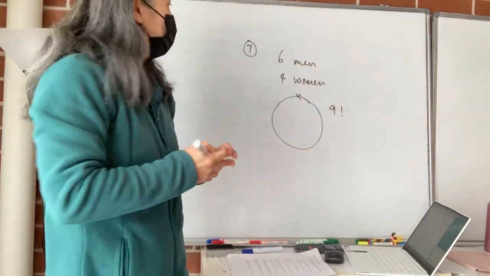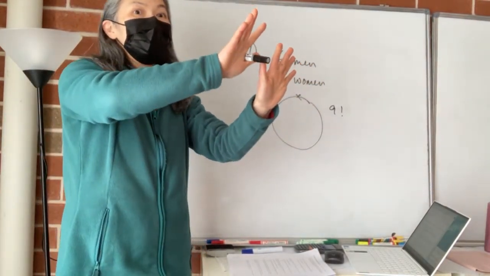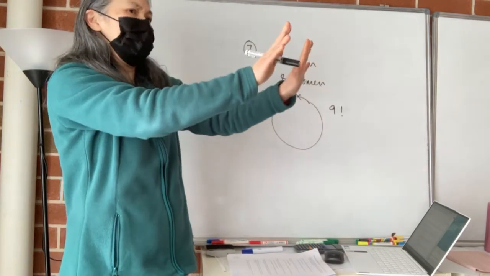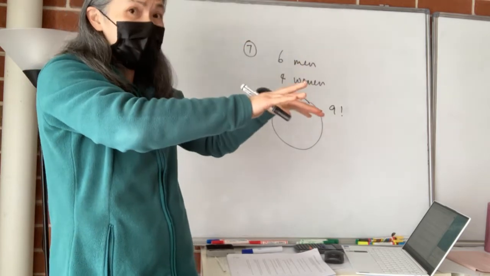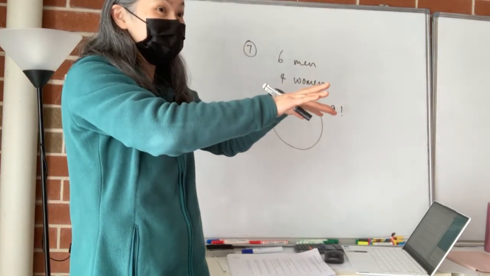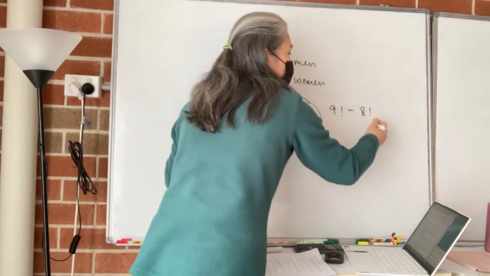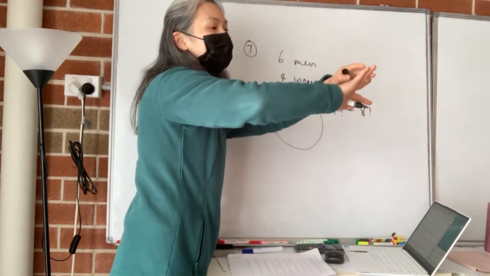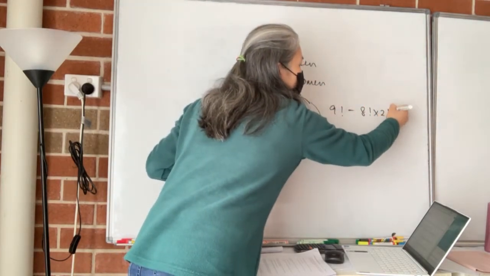Now, out of the 10 people, you join those 2 together, which means you only have 9 people. 9 people sitting on a circle is 8 factorial. So you minus 8 factorial, and those 2 people who join together can swap around among themselves, so times 2 factorial.